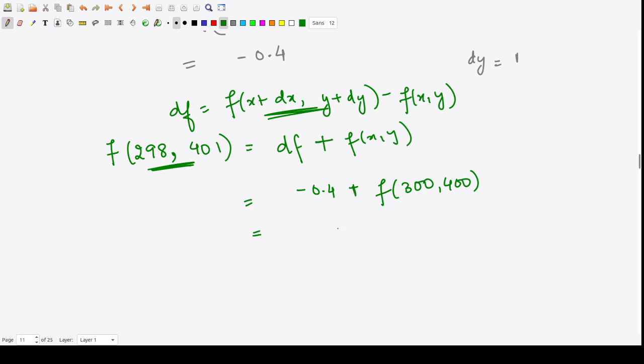Yes. So it comes out to be minus 0.4 plus square root of 300 square plus 400 square. So the final answer is 499.6. This is how you calculate the function's value at the point 298 and 401 using partial differentiation. If you have any doubts, you can ask now.